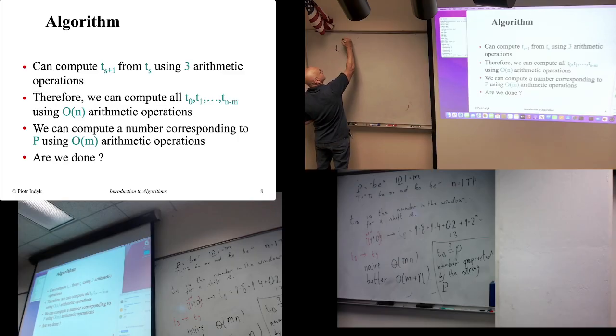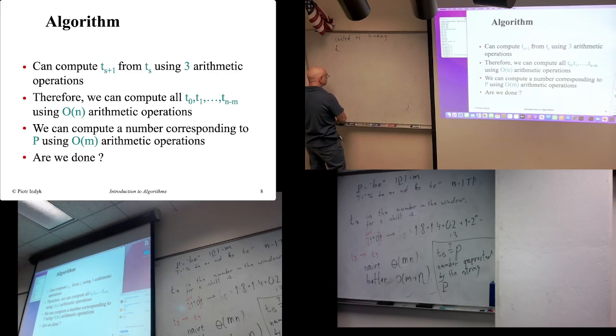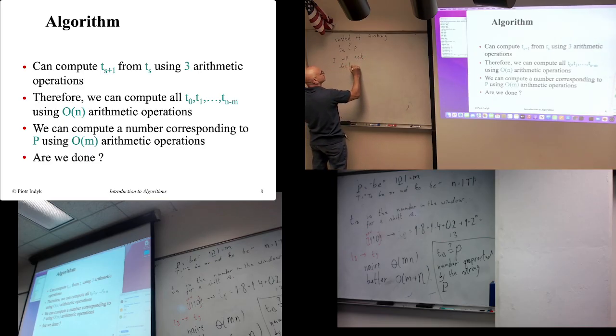I will not compare directly. Instead, we look at the two hash values of both these numbers, t of s and p, and I'll ask, do the hash values match?